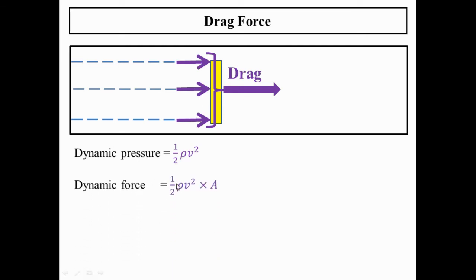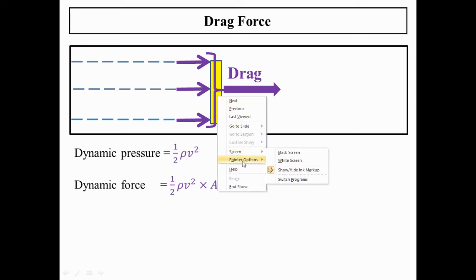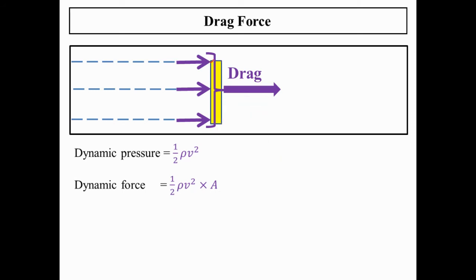We call the dynamic force half rho v squared times this area, as we said earlier, and this is the projected area. In the three-dimensional case, the projected area would have a breadth and a height. The dynamic force is the dynamic pressure multiplied by the area, where the area is the projected area with respect to the flow.